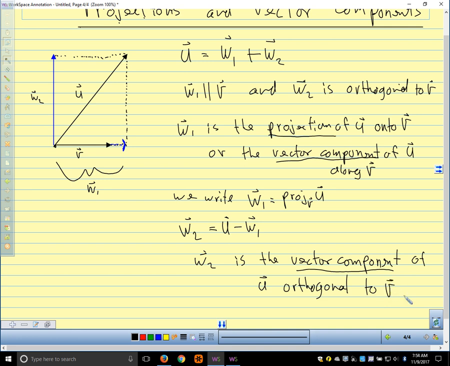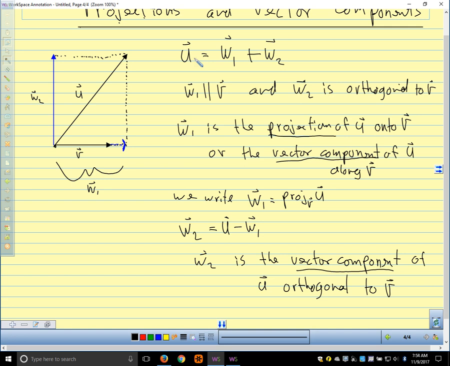So what we're interested in here is breaking our vector into a vector component that's parallel to a particular vector and another component that's orthogonal to that particular vector, so that those two components add up to u. So the tangential component of acceleration and the normal component of acceleration add up to the total acceleration, for example. Well, how are we going to find these?